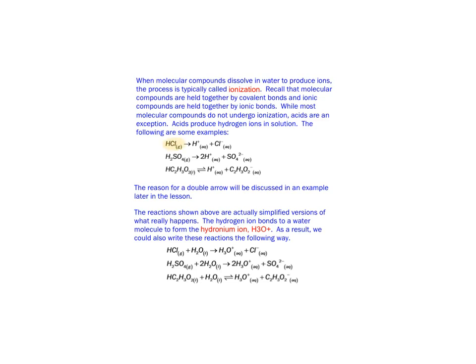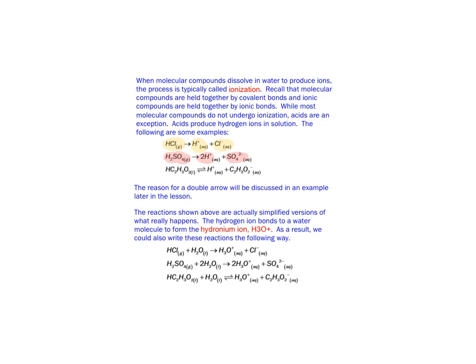So hydrochloric acid, even as a gas, would give you a positive hydrogen ion and a negative chloride ion. Then we have sulfuric acid as a gas, which would give us hydrogen and a sulfate ion. Note that we have to put the 2 with the hydrogen because there is a 2 in the sulfuric acid molecular formula.